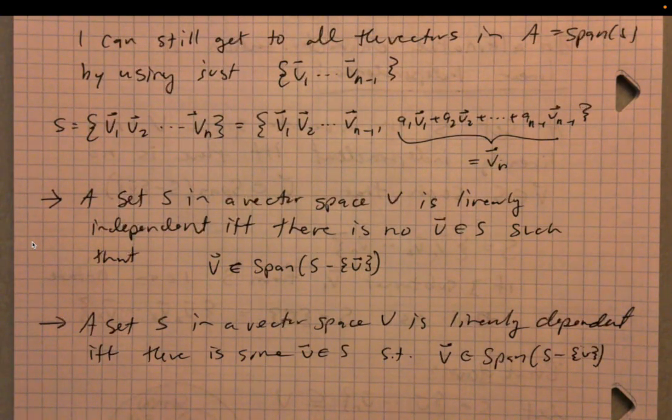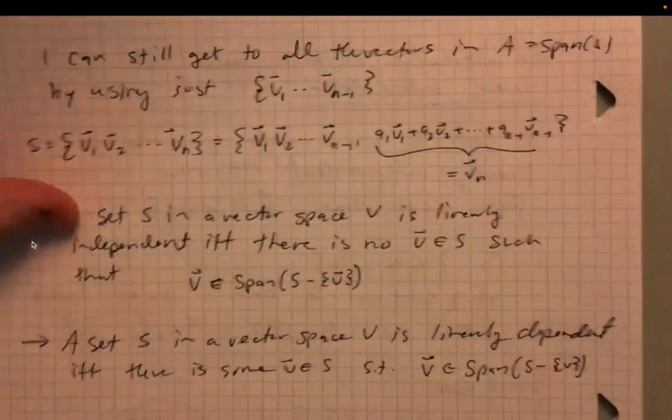You don't really lose access to that vector. It's just not one that's explicitly written in S. So again, a different characterization of linear dependence and independence.